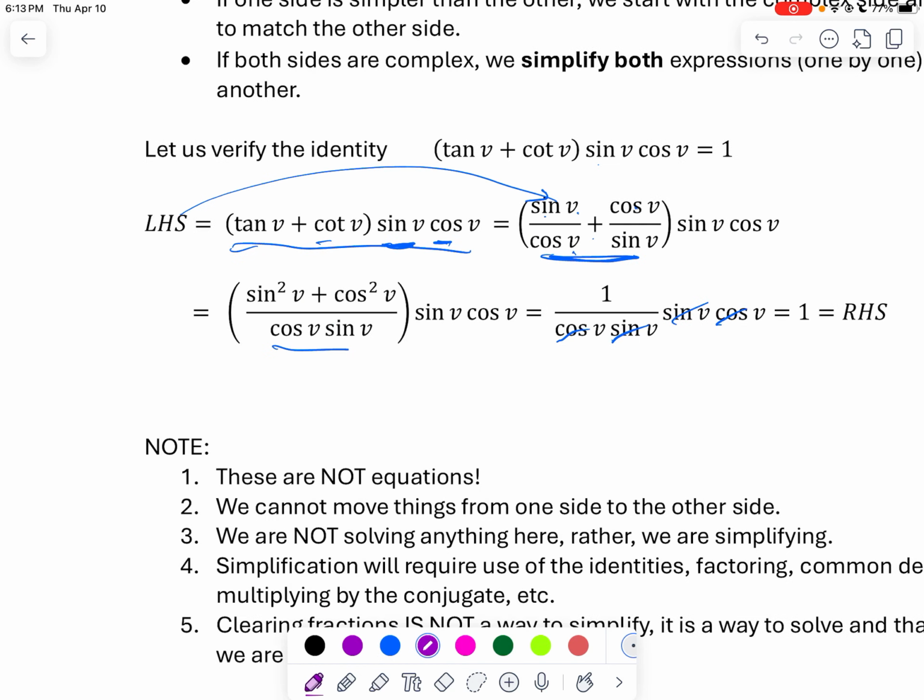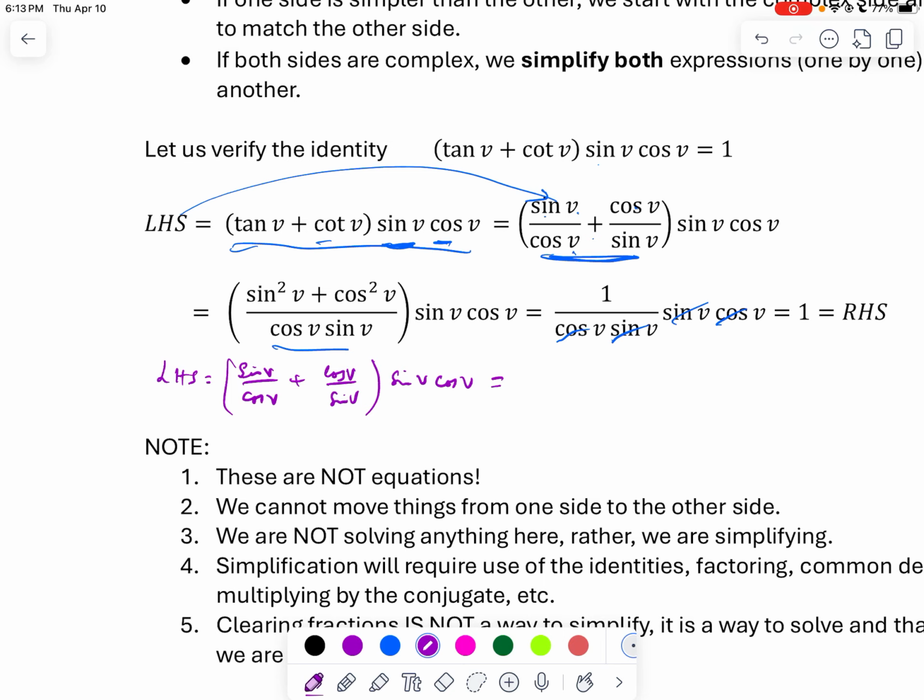Another way of doing this one is that once we have converted the left hand side into sine v over cosine v plus cosine v over sine v, multiplied by sine v cosine v, we can distribute.